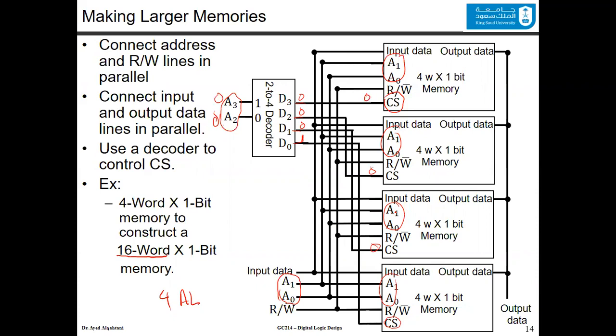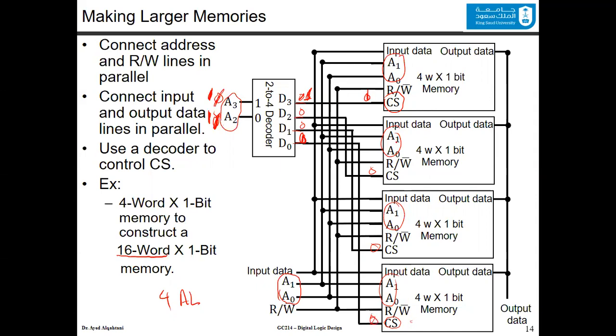If, for example, we want the higher 4 words, one of them, this one would be 1, 1 instead of 0, 0. We will have 1 and 1, which means that this would be 0. This one here is 1. So we select this memory location instead of the last one here.